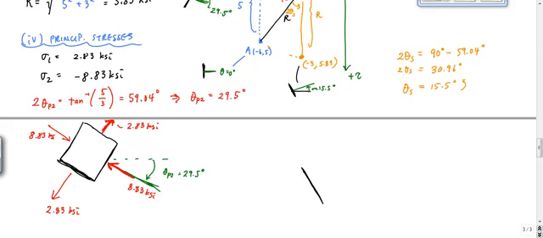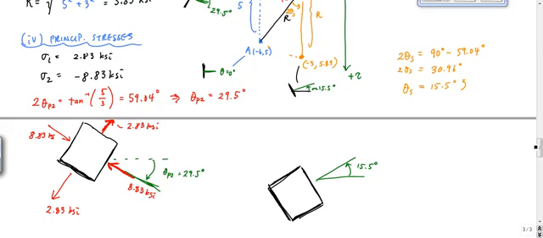Here's that face again. Let me draw it a little bit bigger so everyone can see it. And here, this angle, which I want to be a little bit more precise, here is 15.5 degrees for theta s. And on this face, I can draw the rest of my cube out with that face right here, like this.